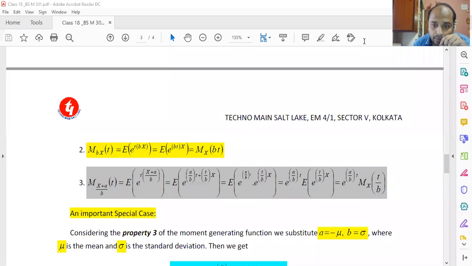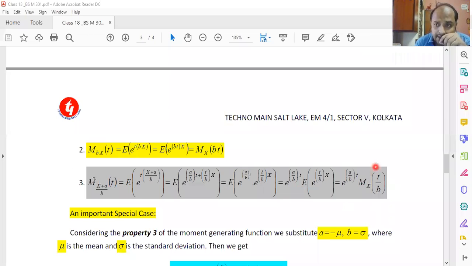And now you know that e to the power a by b into t is a constant quantity, and therefore it comes out of the expectation sign, and it becomes e to the power a by b into t multiplied by the expectation of e to the power t by b into capital X. And here in place of t, we have t by b. So I'm writing it as e to the power a by b into t, MX(t by b).